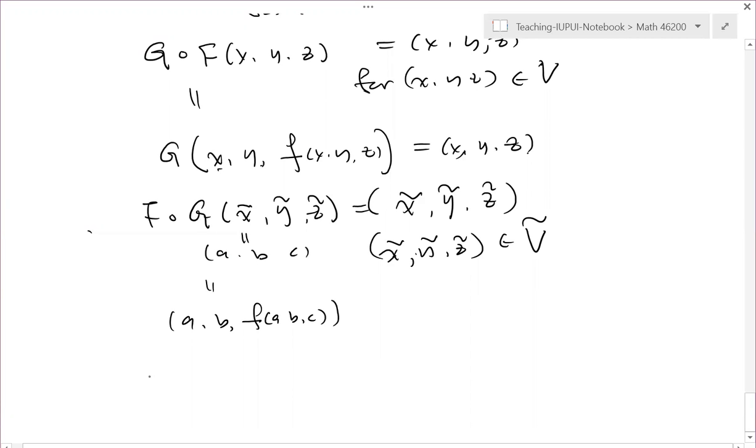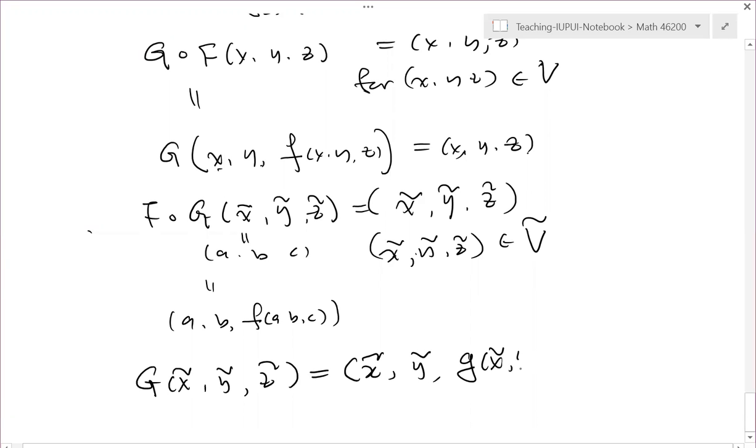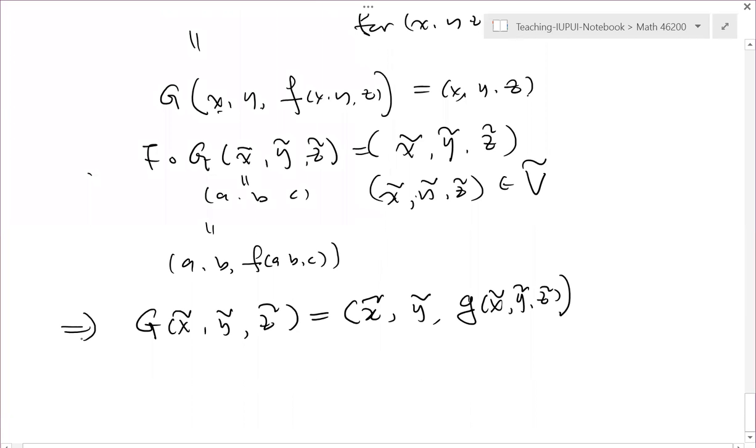So G of x2, y2, z2 can be expressed in this form. Let's conclude that this inverse map must be in this form.